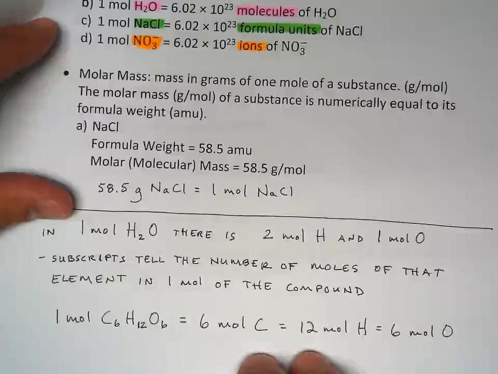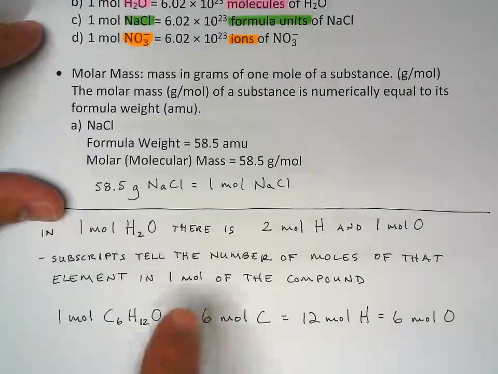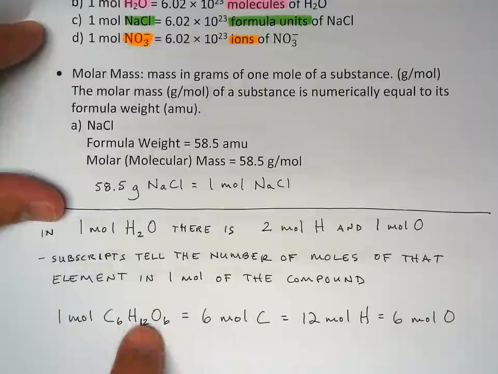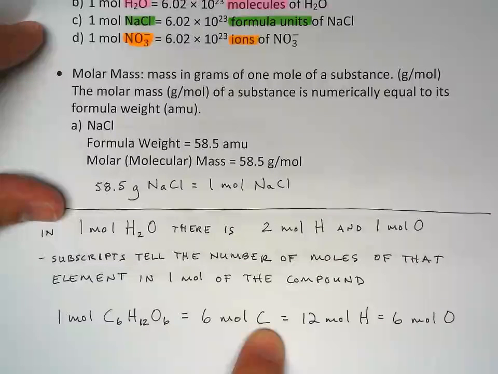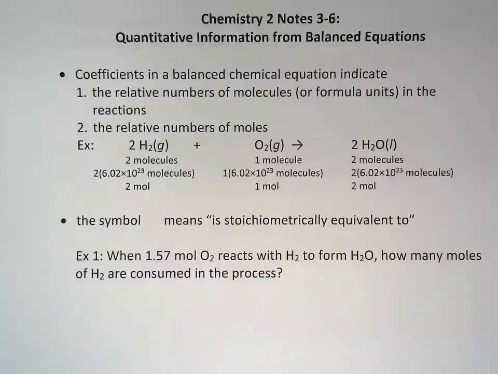So hopefully you watched the videos, and this information from the video where the subscript tells you the number of moles. So we've got the number of moles of the element compared to the moles of the compound. So this is the element within the compound, right? Now, this is a separate idea, and this is why I showed you that, because I don't want people getting confused.